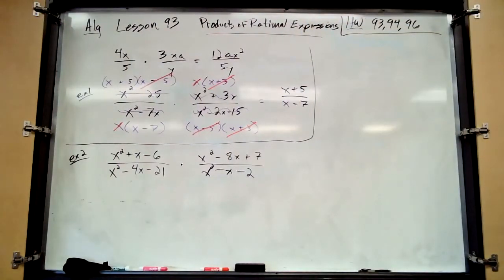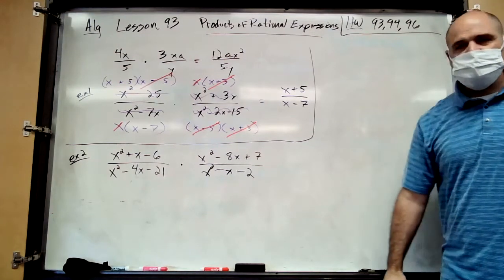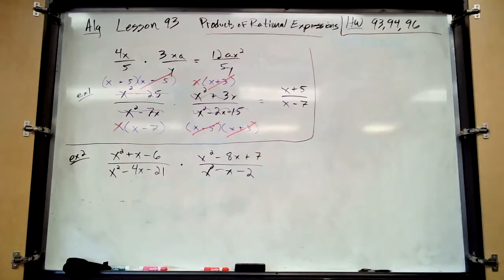So no greatest common factors in this one, no difference of 2 squares. So you're just doing factoring trinomials and seeing what cancels.